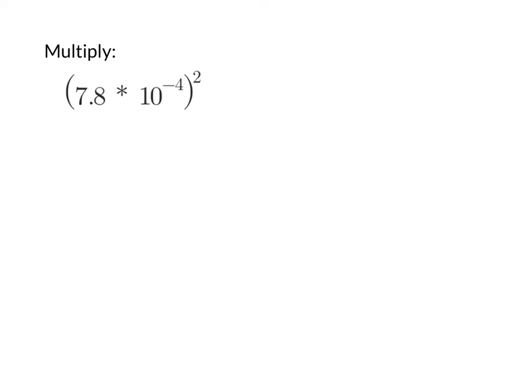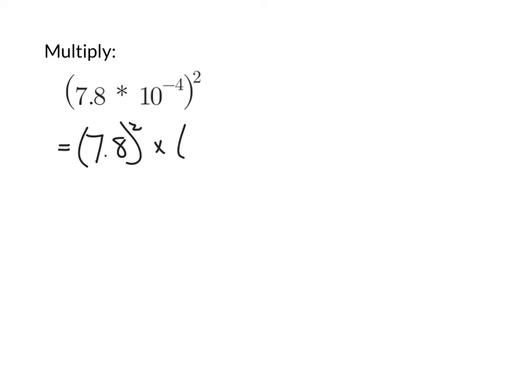So let's take 7.8 times 10 to the negative fourth squared. Notice I say multiply because when we're squaring something, we are taking 7.8 times 10 to the negative fourth times itself. But we do have some properties that we can use as well because we have a product taken to a power, which means we're going to take each factor in the base, that's 7.8, and we're going to square it.